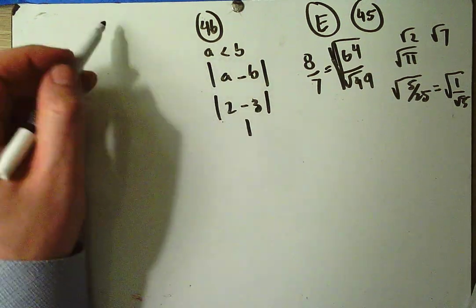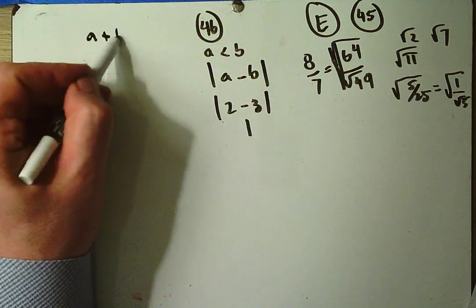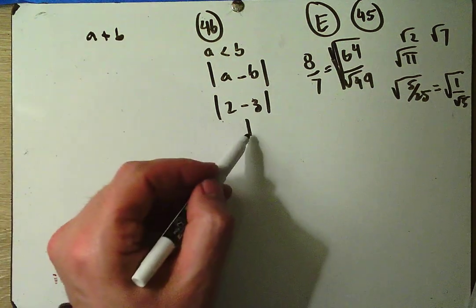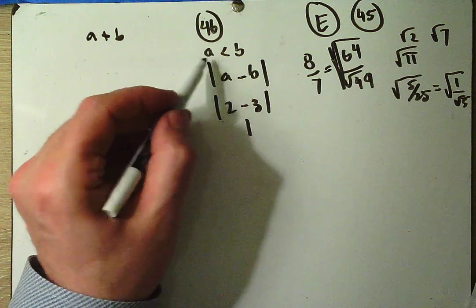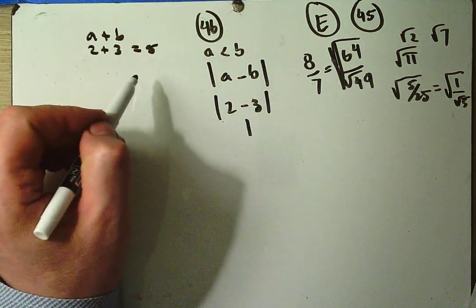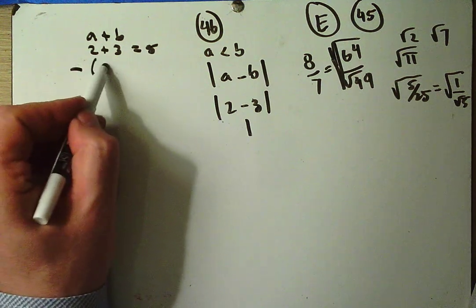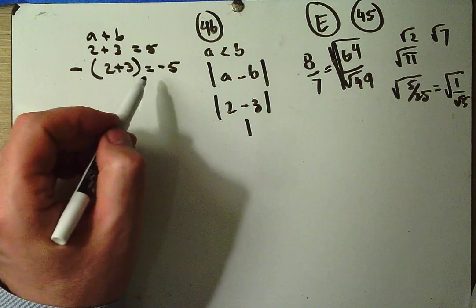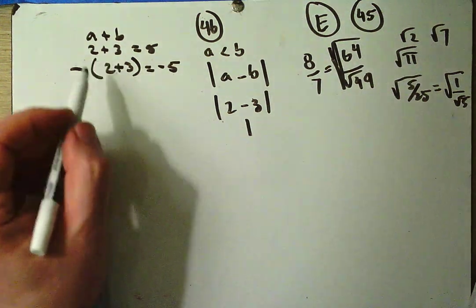And when I look at my choices, A plus B would be equivalent? Well, we know the answer should be 1, but if I add 2 plus 3, I get 5. That's not equivalent. How about negative 2 plus 3? No, that's negative 5. So choice G doesn't work.